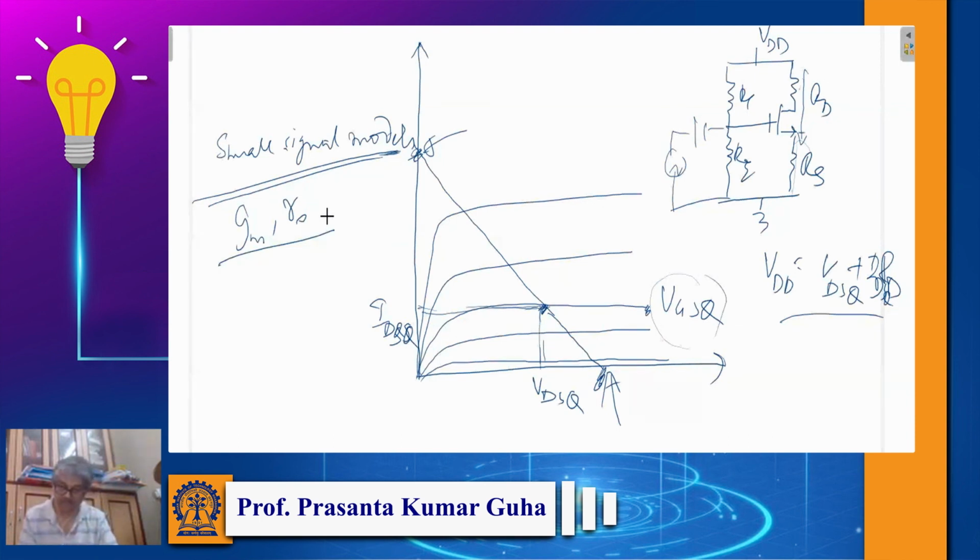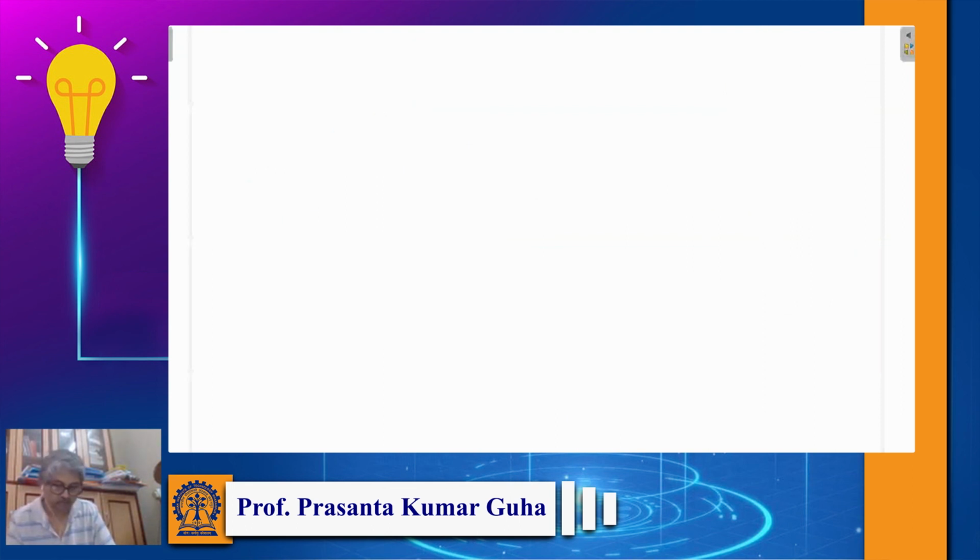We will not have RPi because there is no current flowing through the gate. In the small signal model we will have gm, because this is again a constant current source. You see, gm VGS will act as a constant current source in the small signal model.